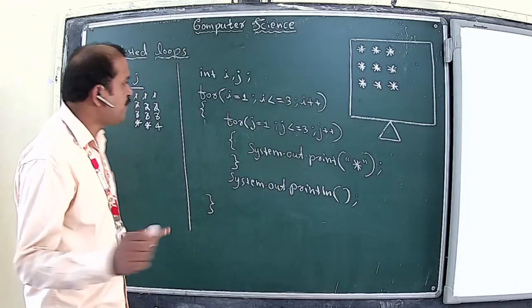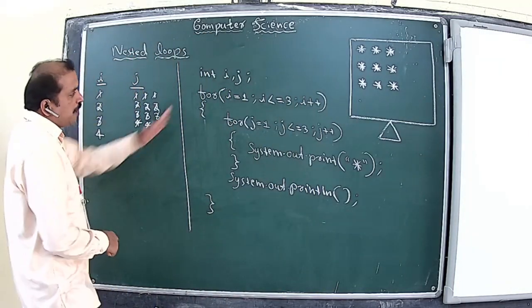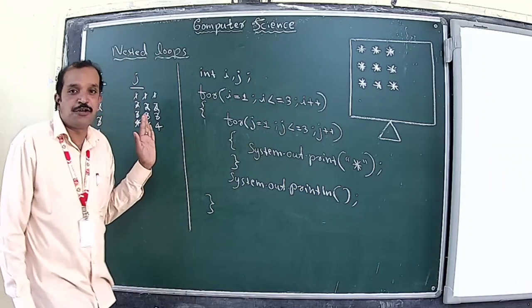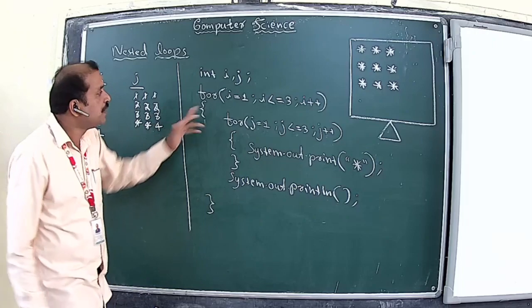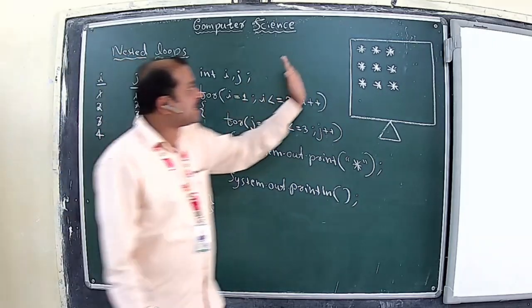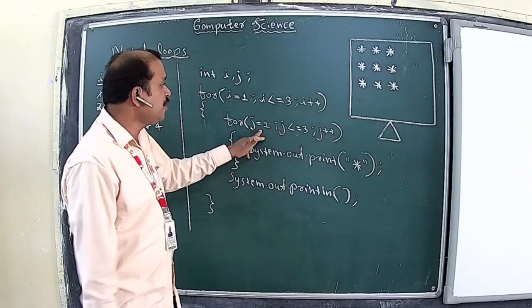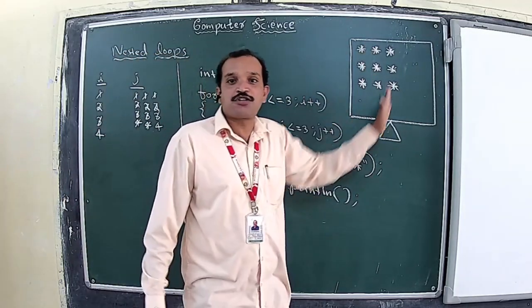And here there are a few points to note down. Since there are 3 rows, there are certain things that you have to understand as part of this nested loop. The outer loop is responsible for the rows, and the inner loop is responsible for the columns.